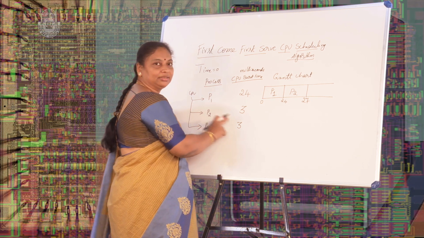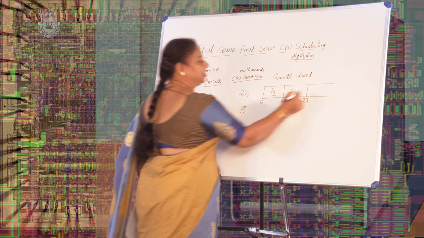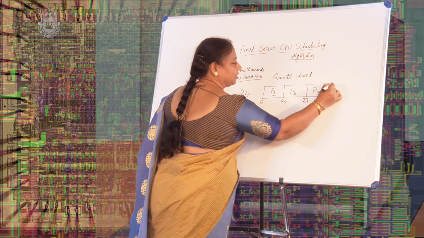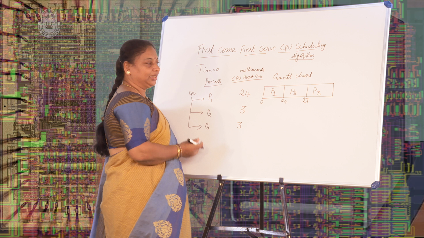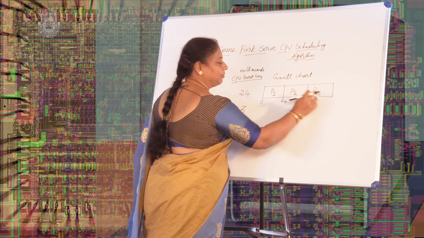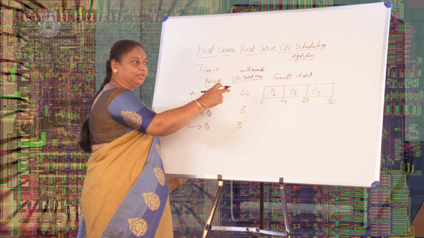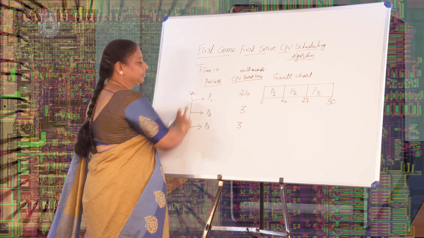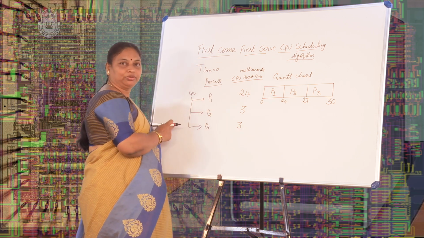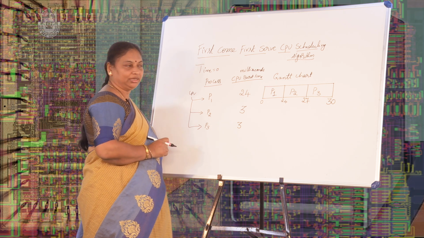So P3 will be served at the end, for the next 3 milliseconds, so 27 plus 3. At the 30th millisecond, the execution of all three processes will be completed.